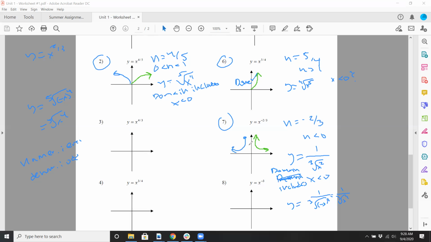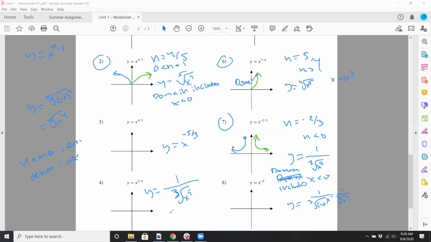Now, what if I did a slight twist here? What if I did y equals x to the negative 5/3? So now I have 1 over the cube root of x to the 5th power.